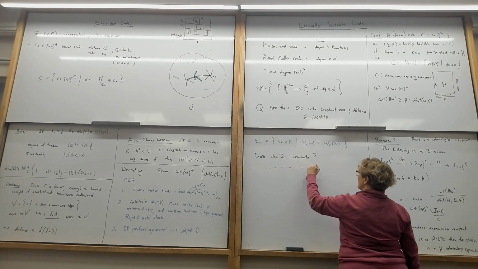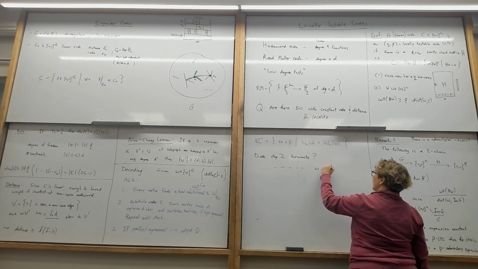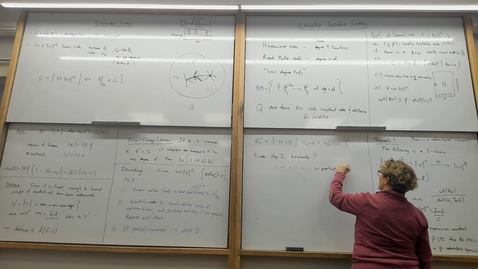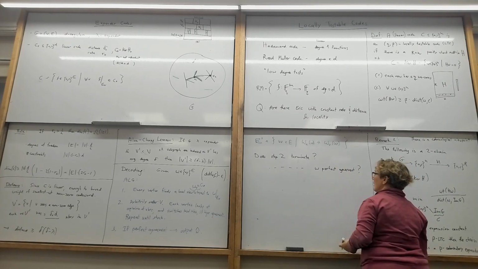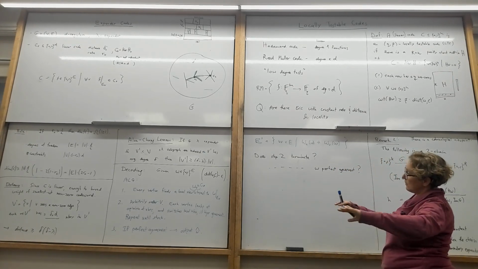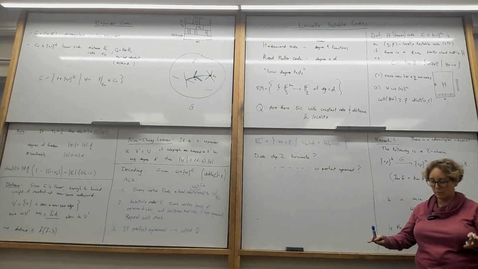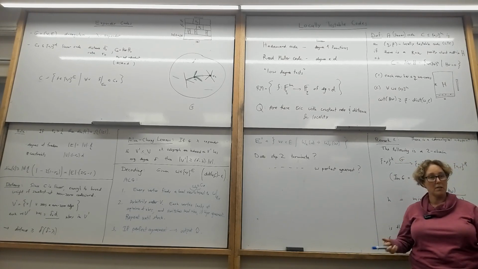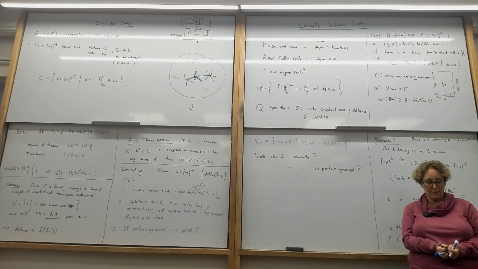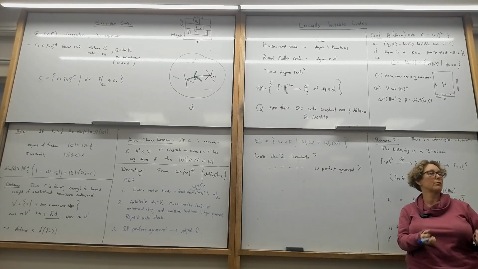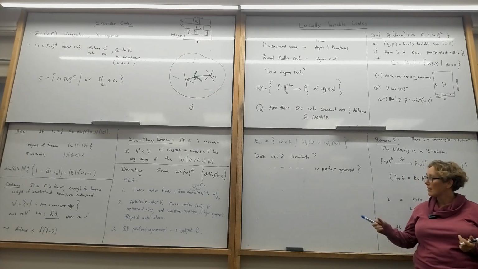Okay, so then I can ask, does step 2 terminate with perfect agreement? It could happen a priori that I do this, and at some point there is some disagreement, but every vertex, even though it disagrees, there's no better choice for it. It's stuck. This could happen.